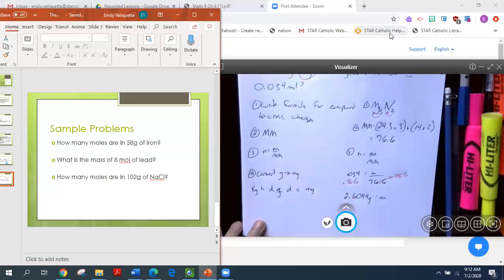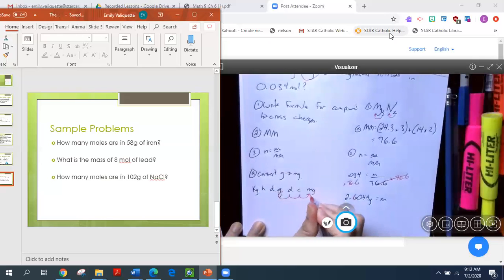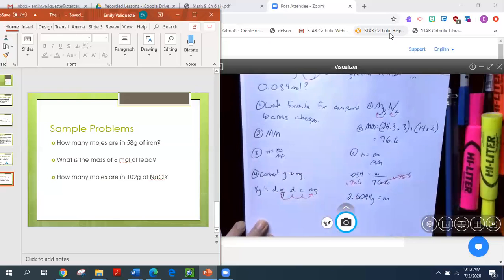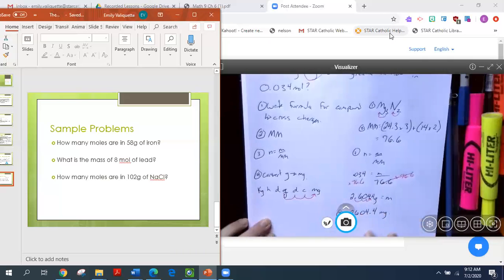And so to go from grams to milligrams, we need to move 1, 2, 3 spots to the right. So I'm just going to take my decimal and go 1, 2, 3 spots to the right. Our final answer is 2,604.4 milligrams.